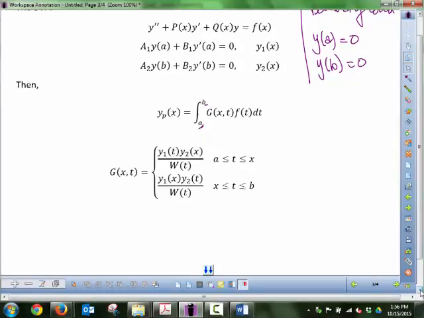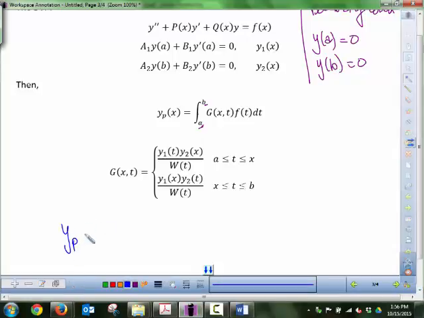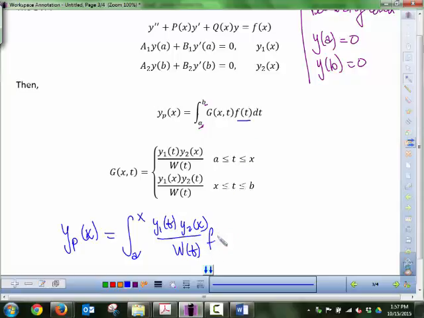So what's going to happen is that your integral is going to be an integral from a to x of this first function, y1 of t, y2 of x over W of t, times f of t again.